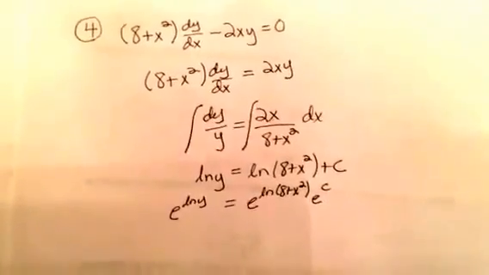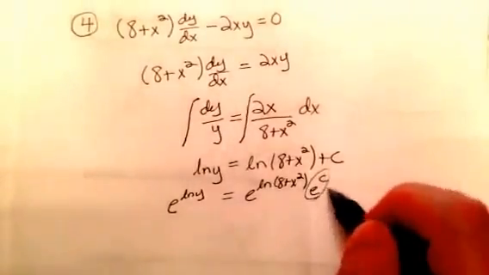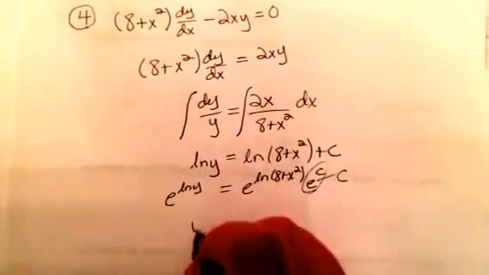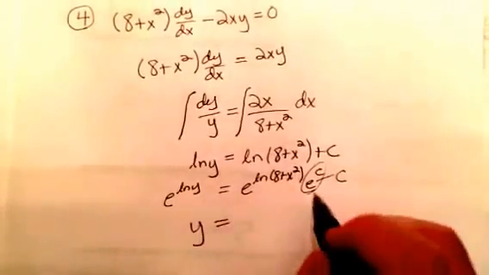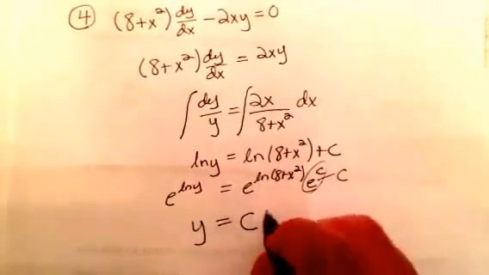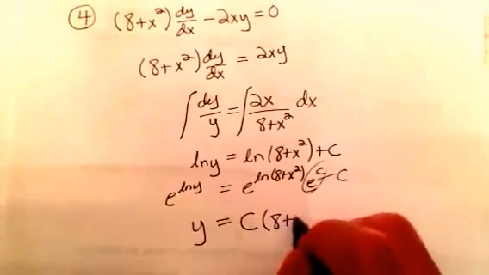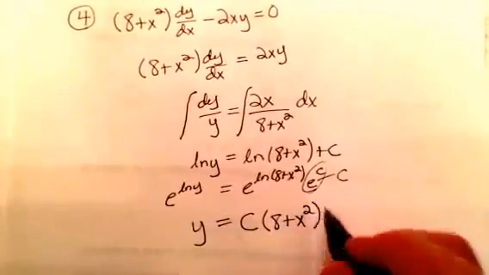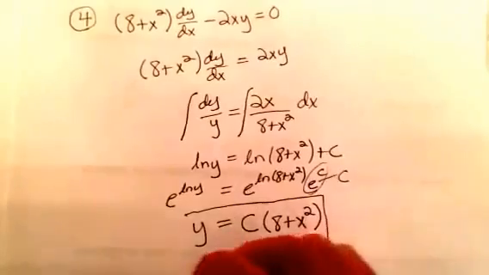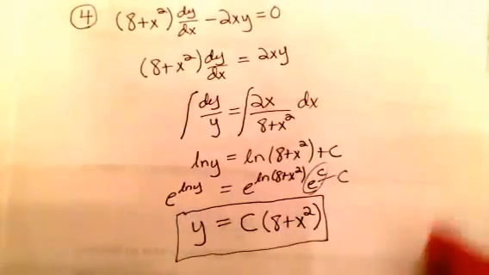With e to the c being a constant, e to the natural log of y goes to y. We can say that we have c, then e to the natural logarithm of 8 plus x squared is going to be 8 plus x squared, and thus y is equal to c times the quantity of 8 plus x squared.